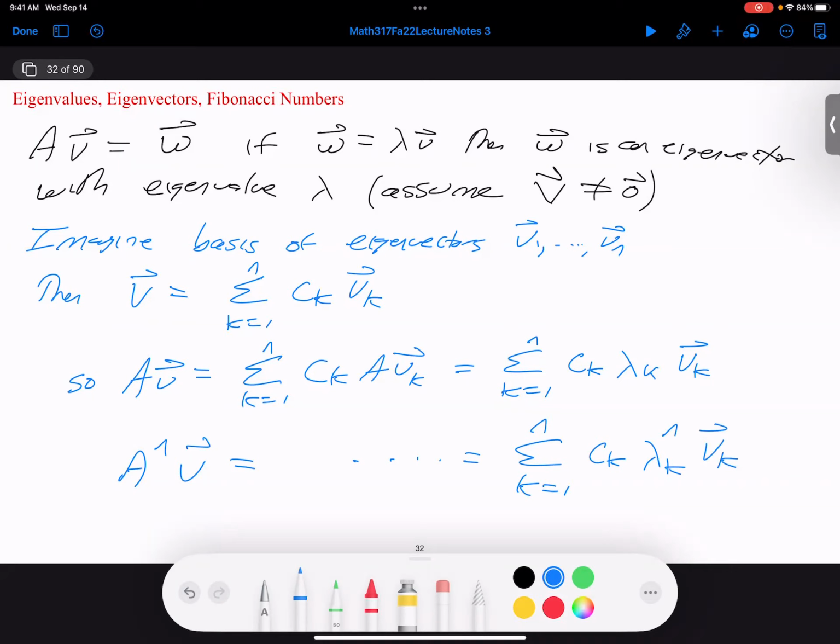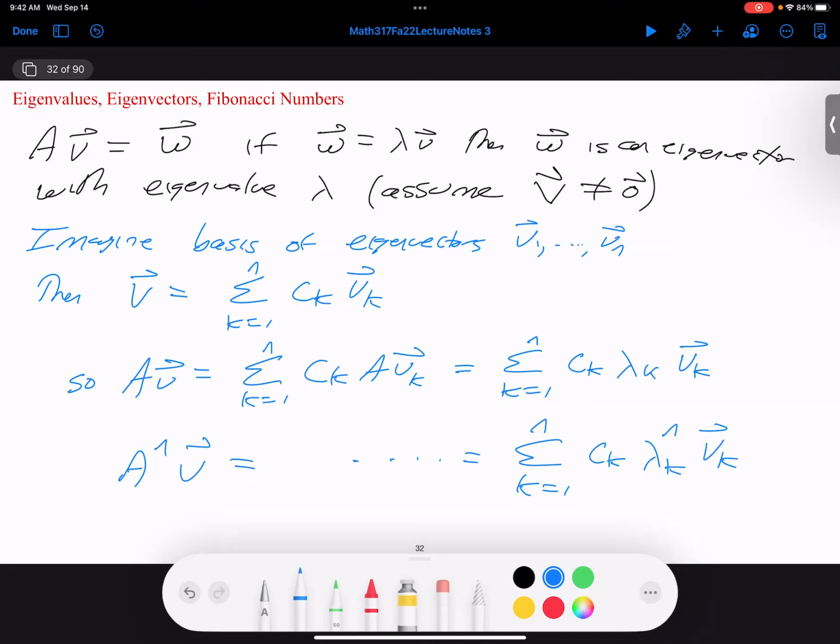If I want to calculate a high power of a matrix A acting on a vector, I can do this by just applying the matrix to each basis vector. And all that does is rescale each basis vector by the eigenvalue. So if I do this n times, I'm just raising the eigenvalues to the n power. This is much better computationally than calculating high powers of a matrix.